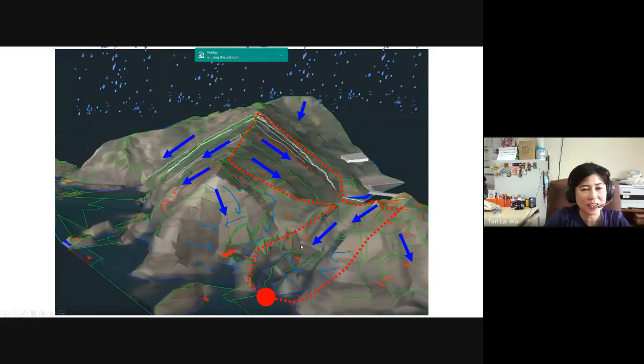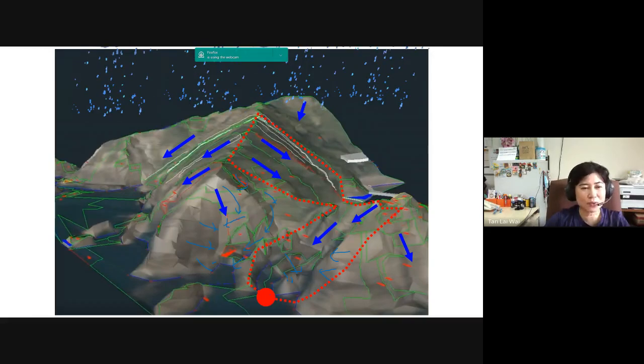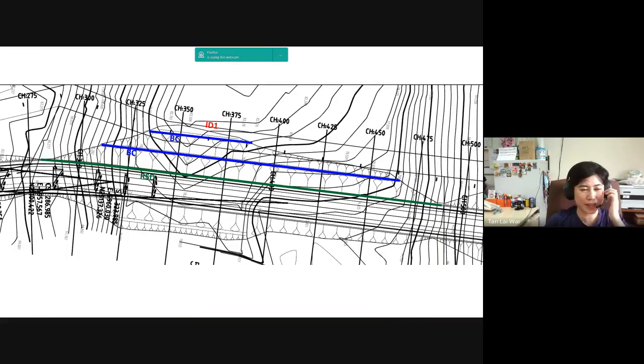Okay, you are clear. Now, from this concept, we will be looking at this plan here. How are we going to determine the catchment area? By now, you should have been able to label or identify the type of drain. You have the interceptor drain.